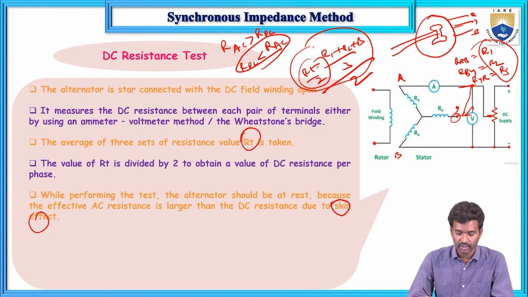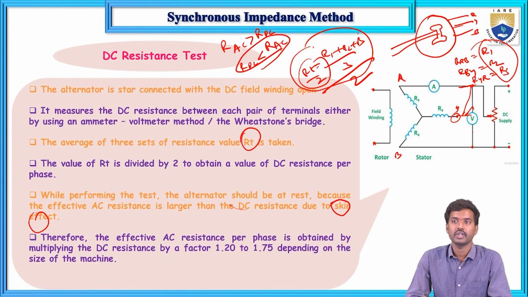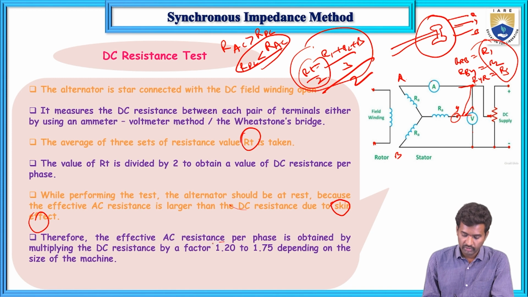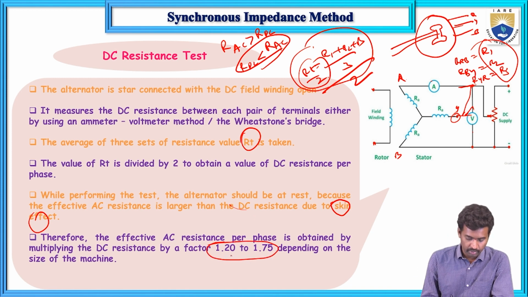For this reason the alternator should be at rest. Therefore, the effective AC resistance per phase is obtained by multiplying the DC resistance by a factor, and here I am taking the value 1.25.